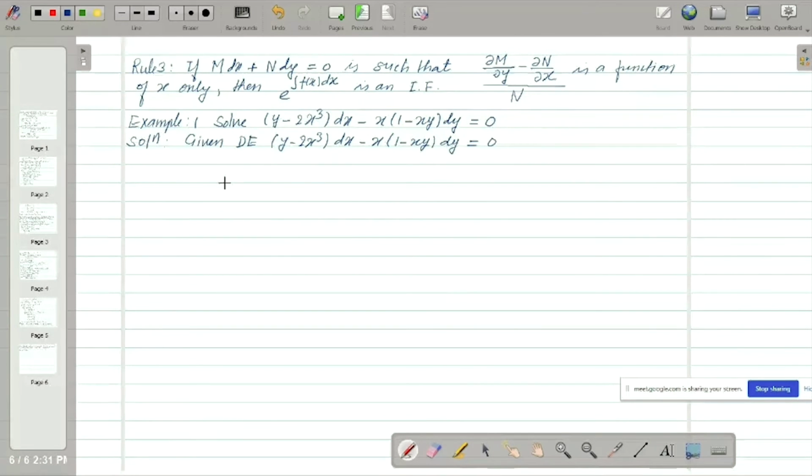Okay. Now comparing the given differential equation with the standard form. What is the standard form?